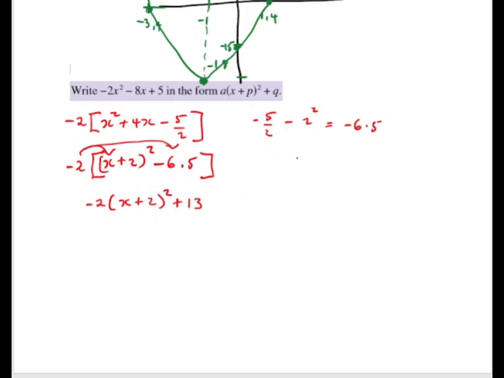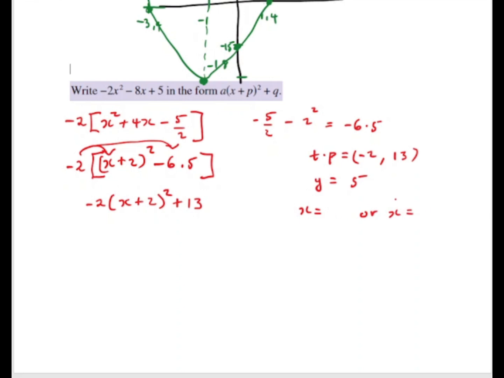Once we reach here, we need to collect the information that we need to sketch the graph. So as usual, we need the turning point. The turning point is the inside number, we change the sign, so it becomes (-2, 13). Then we need the y-intercept. The y-intercept is the last number, in this case 5. And the last part is the two values of x.